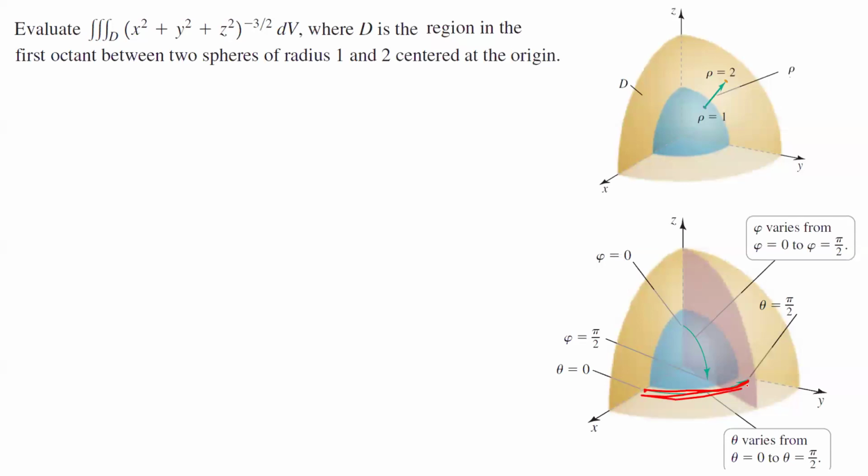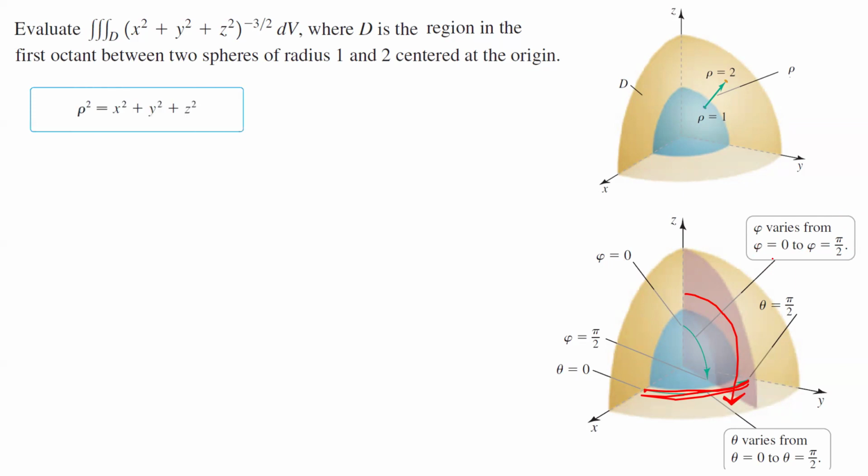So your theta is bounded between 0 and pi over 2. What about your phi? Phi, by definition, is the angle from the positive part of the z-axis and it goes down here and stops at this point because it's in the first octant.